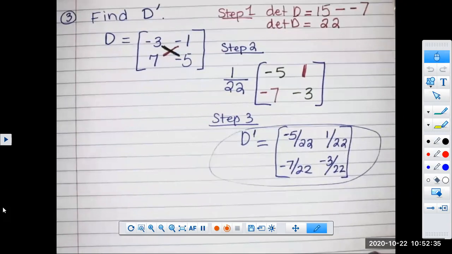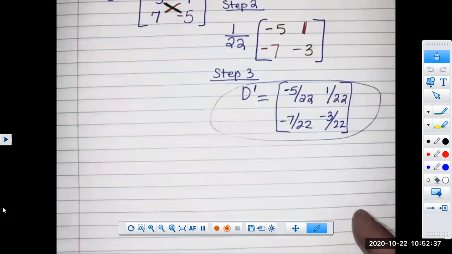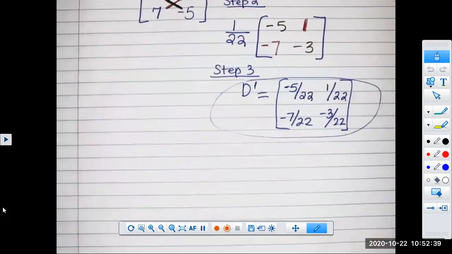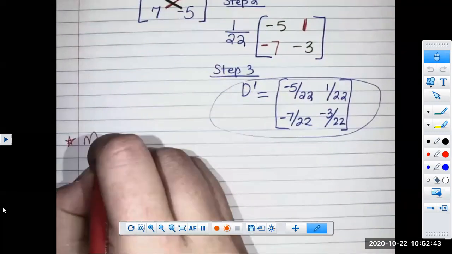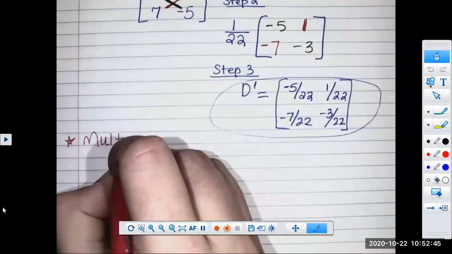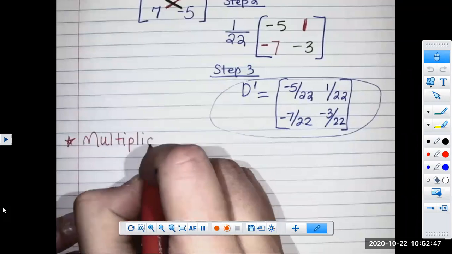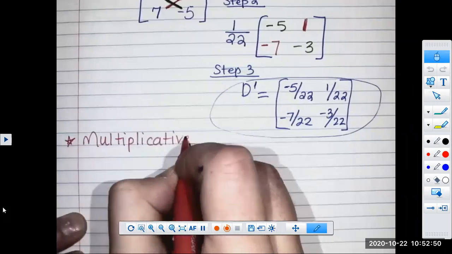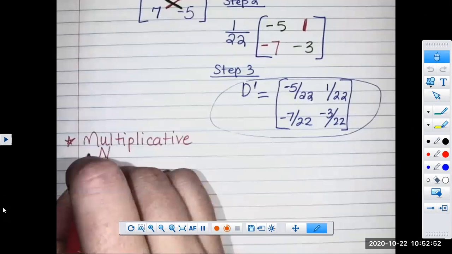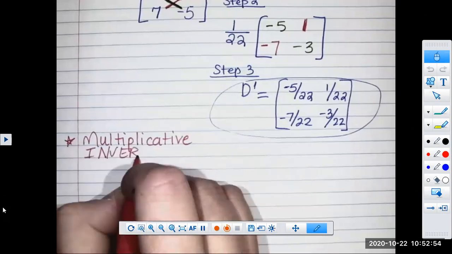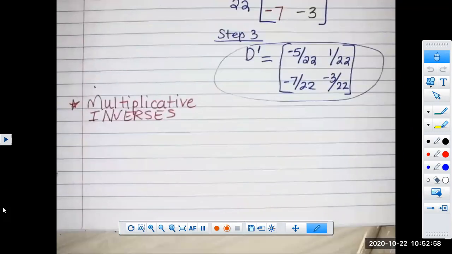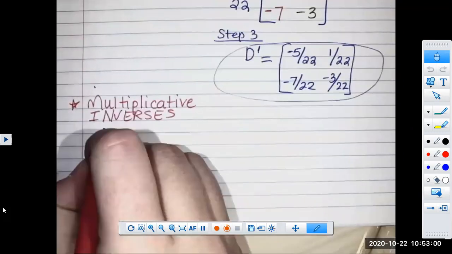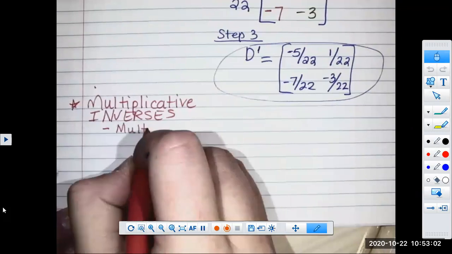Really quick, before we get to a 3x3, I need to talk to you about multiplicative inverses. If they ask you if two matrices are multiplicative inverses of one another, you multiply your matrices together.